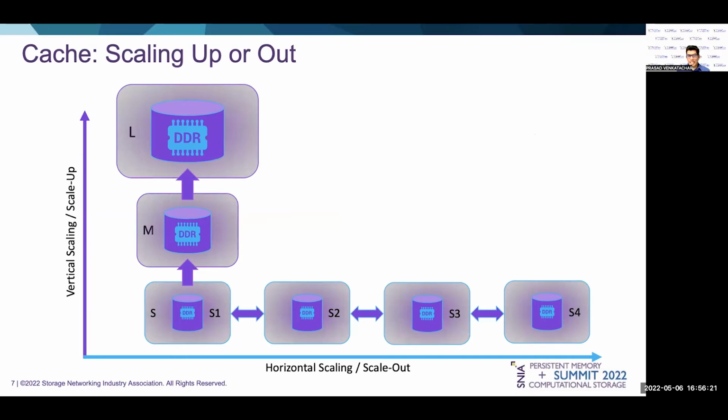That is scaling up. Or you can scale out, putting identical caching instances: server 1, server 2, server 3, server 4. Both of these methods have cost implications. So how do you think about another approach which will help simplify my cost? Is there another method? Let's find out.